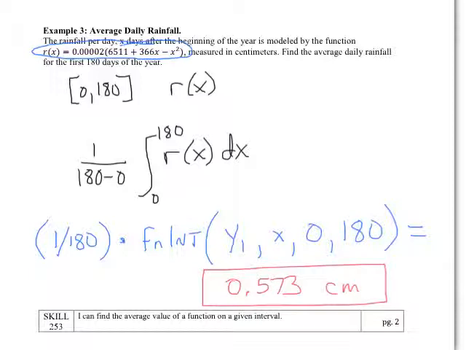The somewhat fascinating side fact is I graphed this function just to see what it looks like over the interval of 0 to 180, and it does something kind of like that, which means there's little rainfall at day 0 and a high amount of rainfall at day 180.